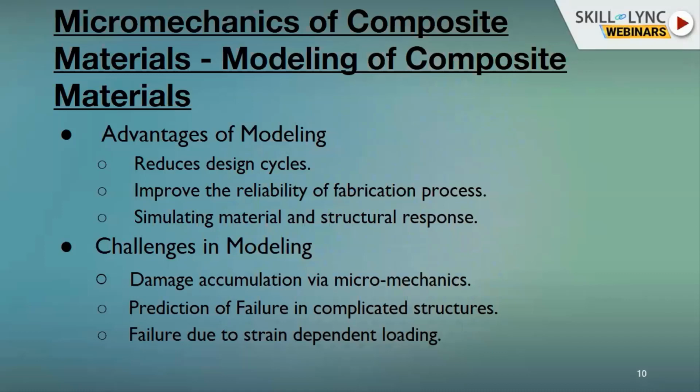Further, failure is mainly due to strain dependent loading. Strain dependent loading is basically the time rate at which the load is applied. If it is varying, then the failure mechanisms will also change. So that is a very basic understanding of strain dependent loading, and its effect in modeling the composite material is also a challenge that has to be addressed.